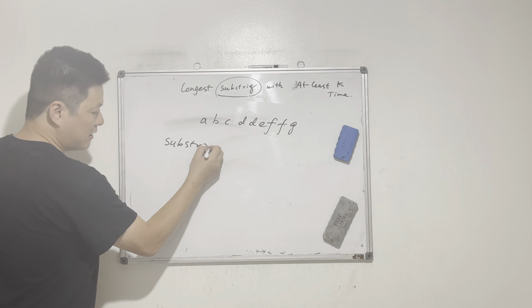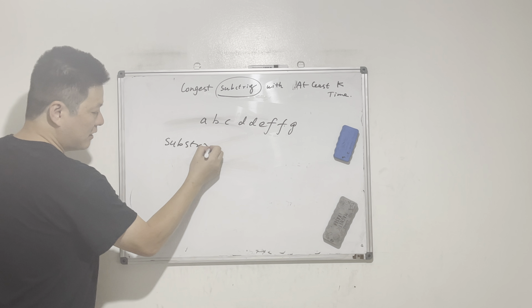Now, if I know a character which only appears once, less than k times, can it be included in the longest substring? Like e, f, g, a, they appear once. Can these letters be included in the final longest substring?